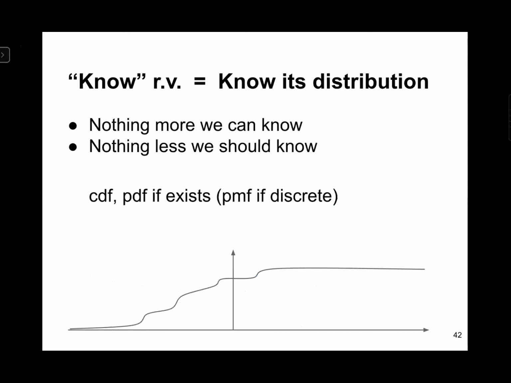Knowing a random variable means knowing its distribution function. Most often when we speak about the distribution function, we mean the cumulative distribution function, because any random variable has one. For discrete random variables, we can have the probability mass function. For continuous random variables, we can have the probability density function, the PDF. But the PDF doesn't always exist.